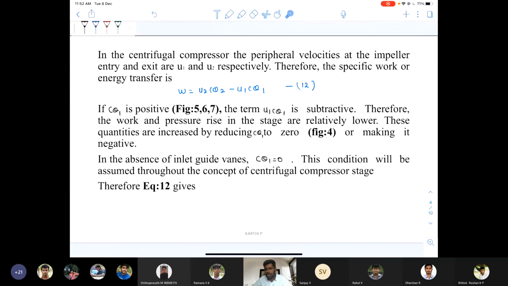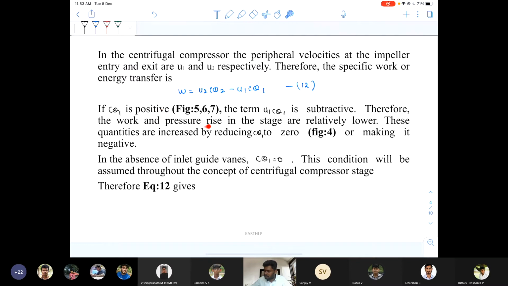There are only two ways to make the work and pressure rise in the stage: by making C theta 1 equal to 0 or C theta 1 a negative value. That is being stated in this statement. If C theta 1 is positive, the term U1 C theta 1 is subtractive.